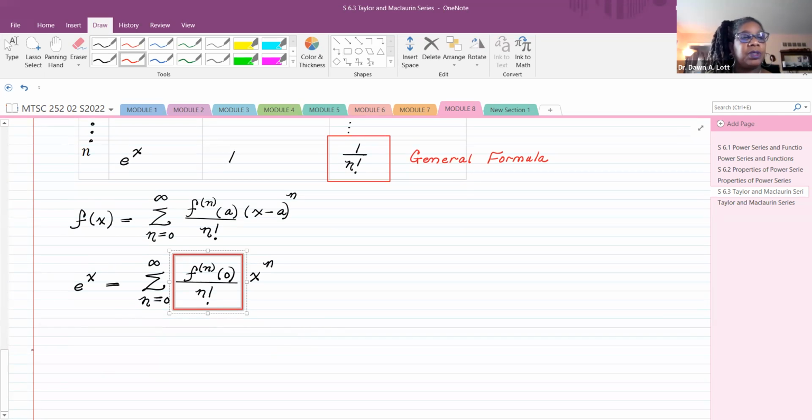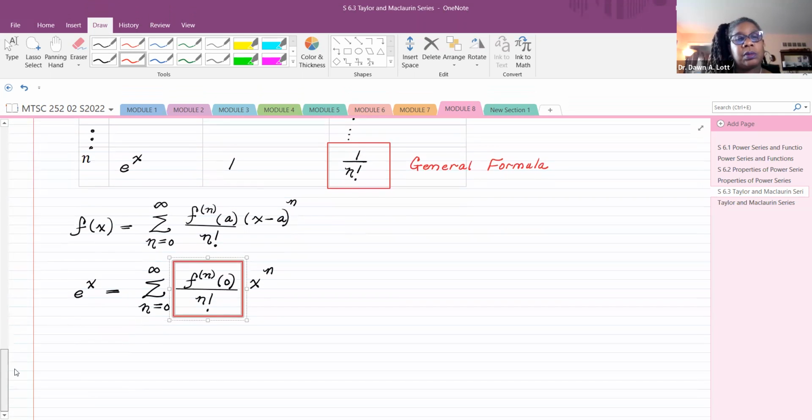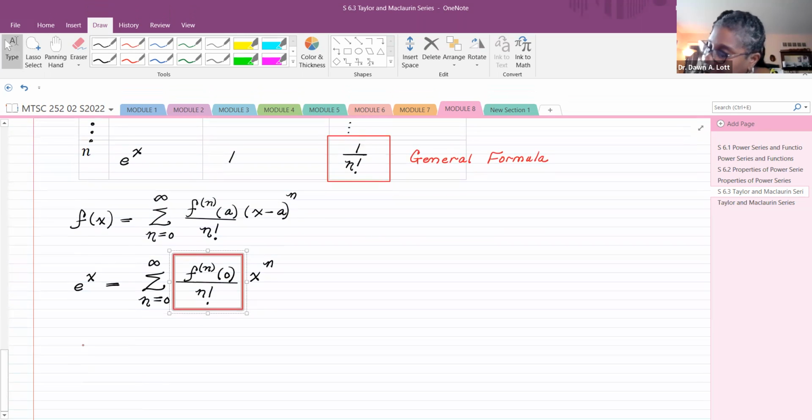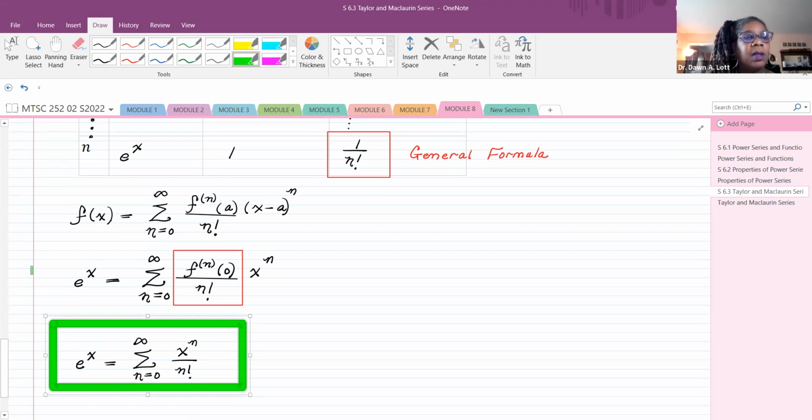I need to substitute the nth derivative at 0 over n factorial. So therefore I get e to the x is the sum n equals 0 to infinity. When I put in 1 over n factorial, I get x to the n divided by n factorial. And this right here, this is the Maclaurin series.